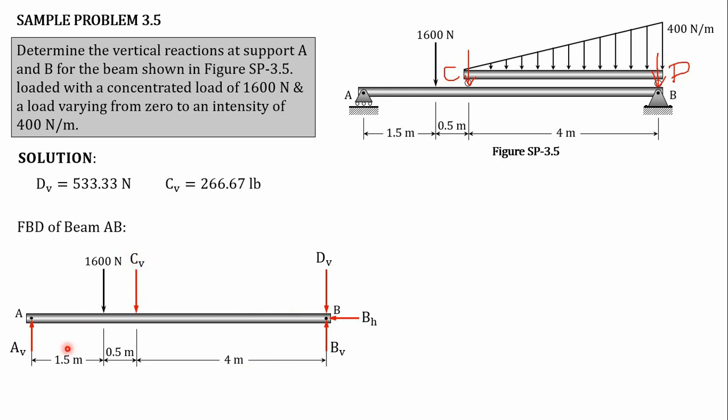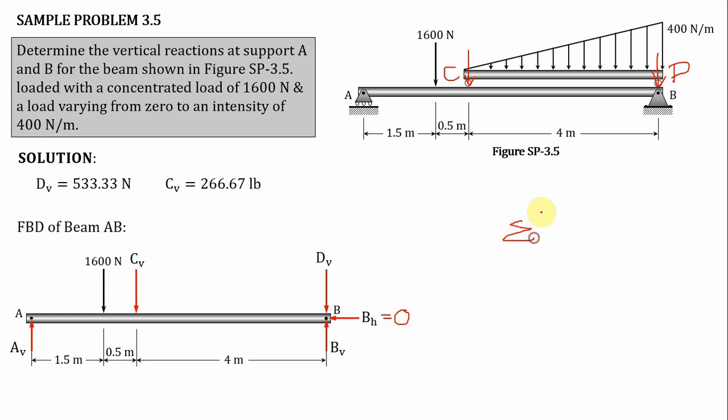Okay? Yung target natin class is to solve the vertical reaction at support A at B. Okay? So, therefore class, yung AB at BB yung pinadidetermine sa atin. Okay? And class, take note, no? Yung BH natin, we can directly say BH is equal to 0.